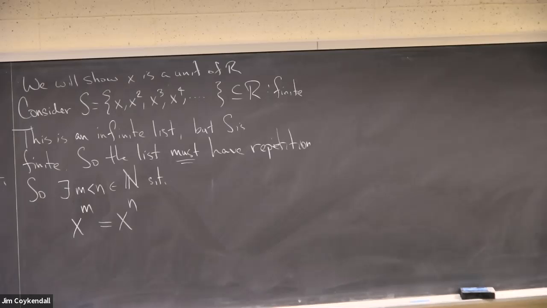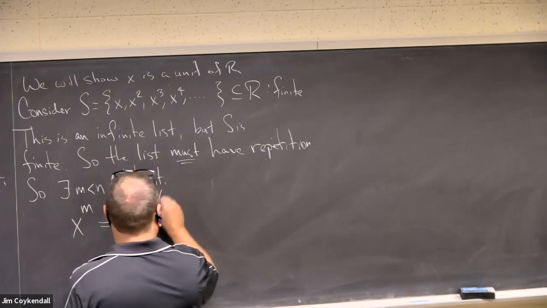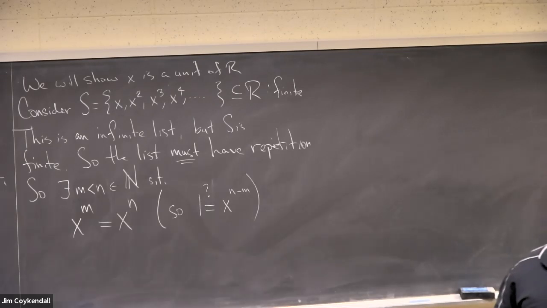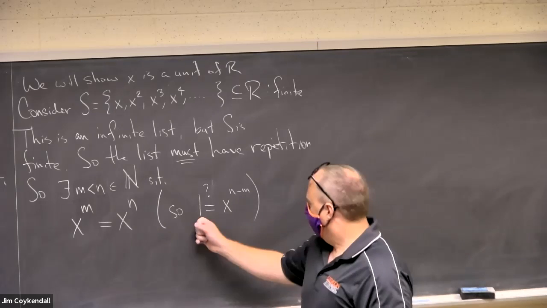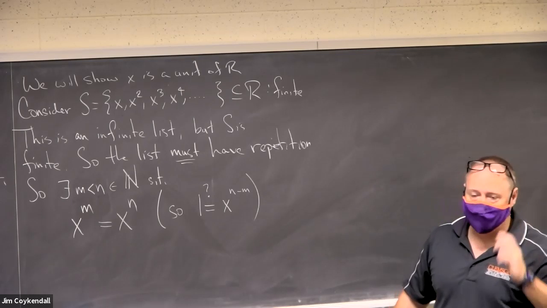What are you tempted to do at this point? You know what, I'm tempted to cancel that x to the m, aren't you? Just cancel the heck out of that. And then x to the n minus m is the identity.